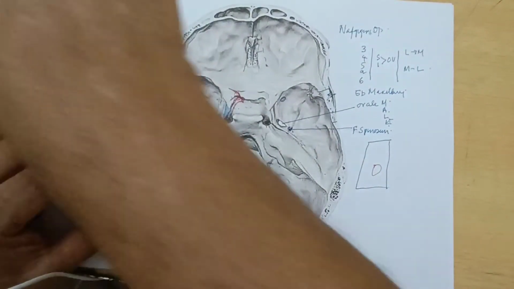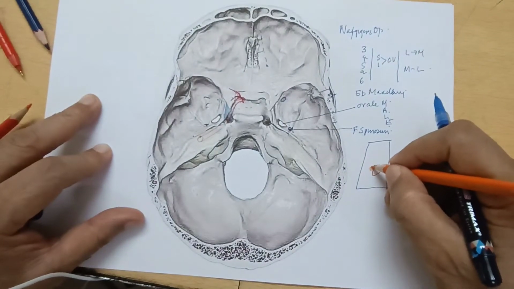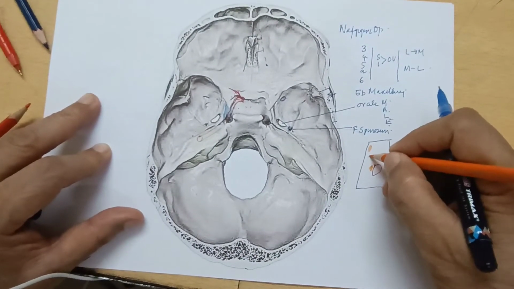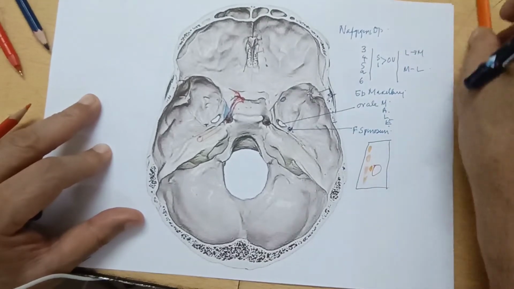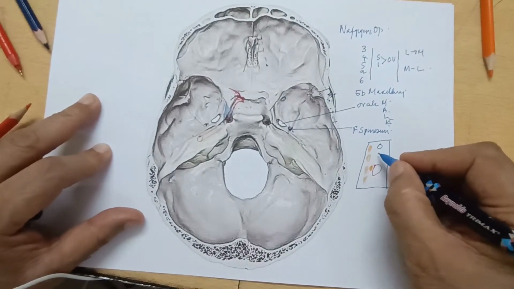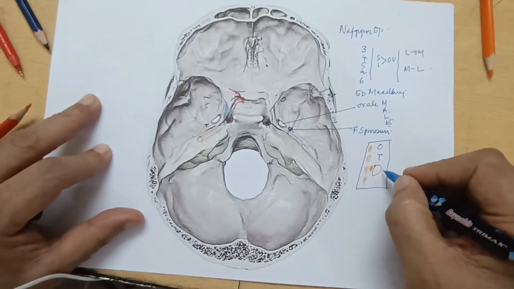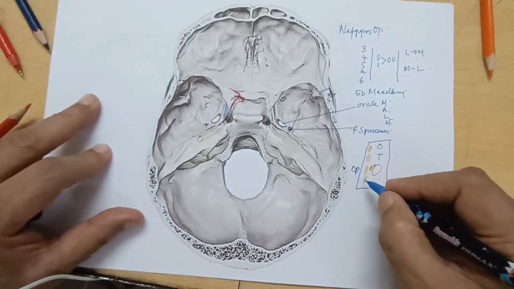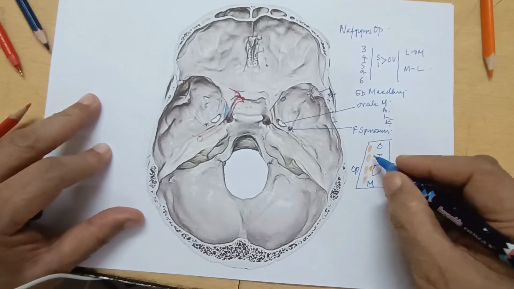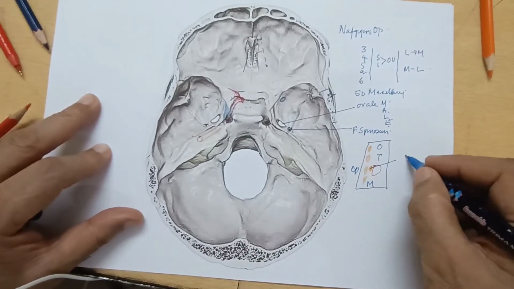There is the abducent nerve here, and there are 4 nerves like this in its lateral wall, which are called the oculomotor, the trochlear, the ophthalmic, and the maxillary. O-T-O-M you can remember, and this is the 6th nerve.